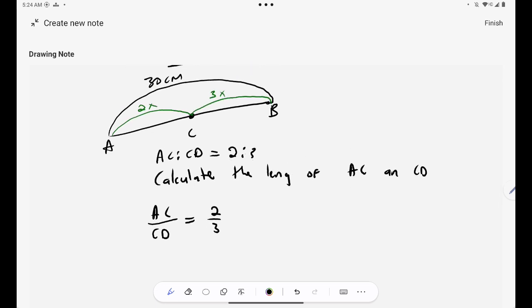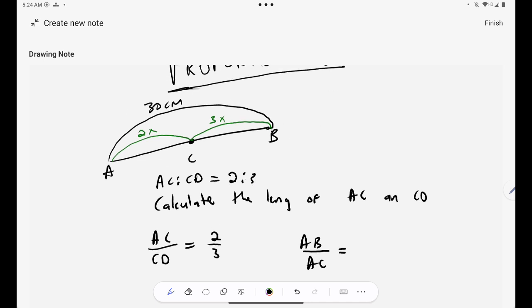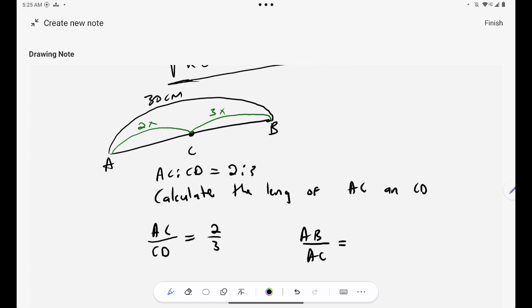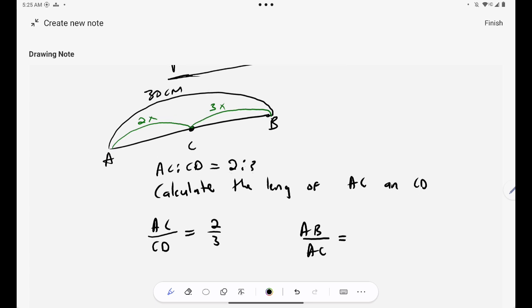But then I can conclude that AB all over AC, since AB is the entire length, is equal to 5x all over 2x. But as you can see, I don't have to write the x's because they will divide one another. So I'm going to remove them.